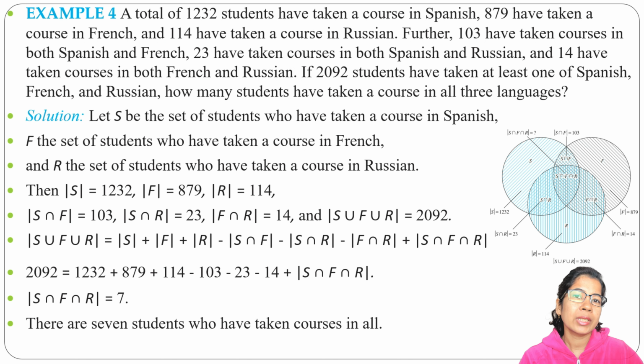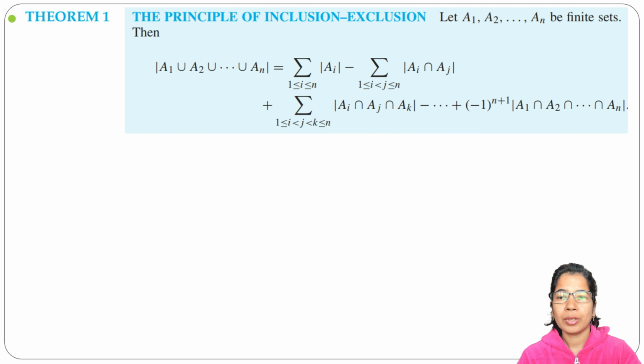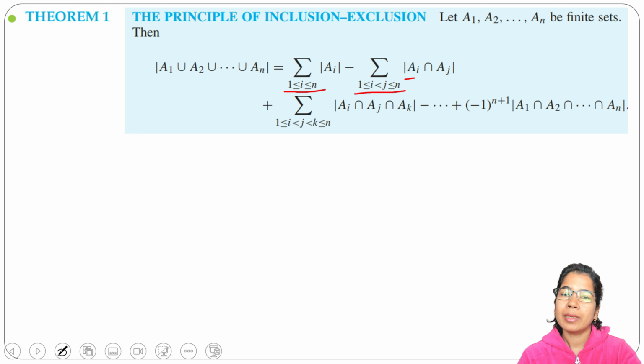Okay, if there are more sets, like 4, 5, 6 or even 10, then what will we do? There is a formula for all. Let A1, A2, ..., An be finite sets. Then the cardinality of A1 union A2 union ... union An is the sum of Ai, i ranging from 1 to n, minus the sum of Ai intersection Aj, plus the sum of Ai intersection Aj intersection Ak, and so on, up to minus 1 to the power n plus 1 times A1 intersection A2 intersection ... intersection An.